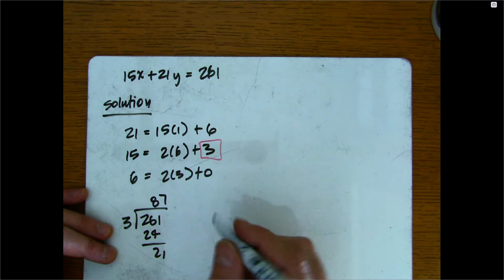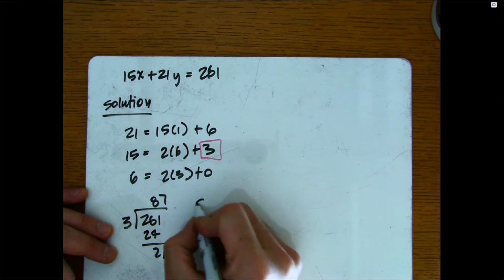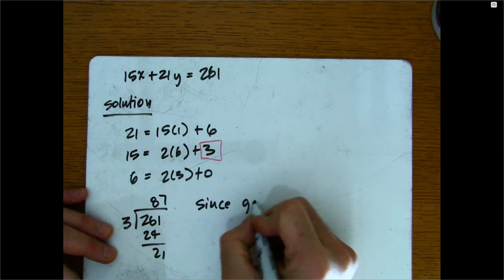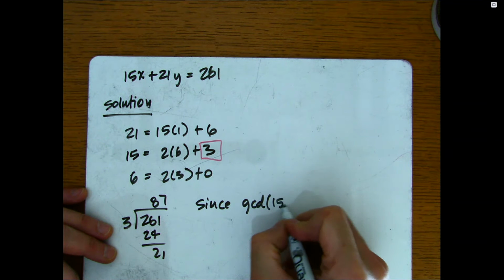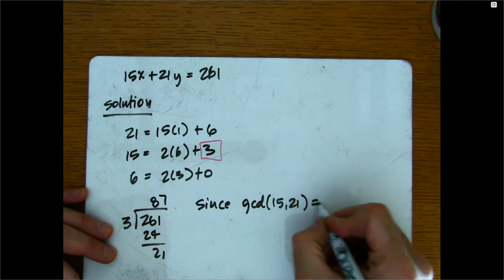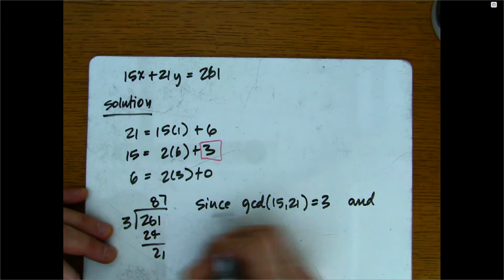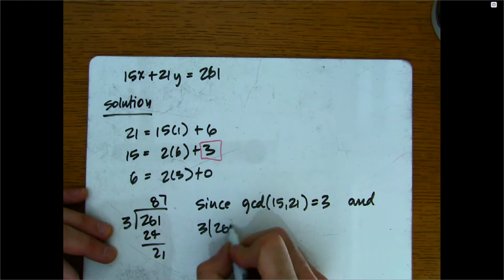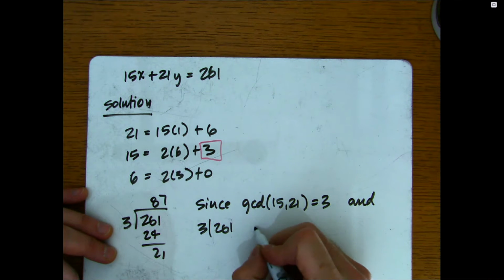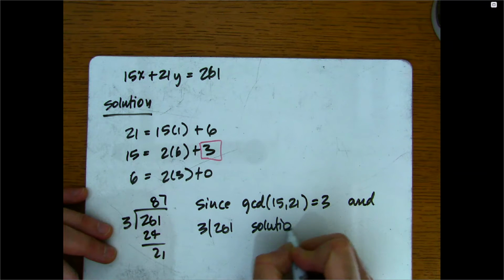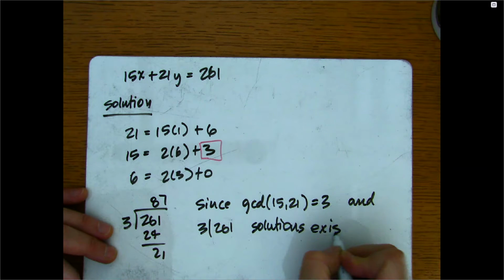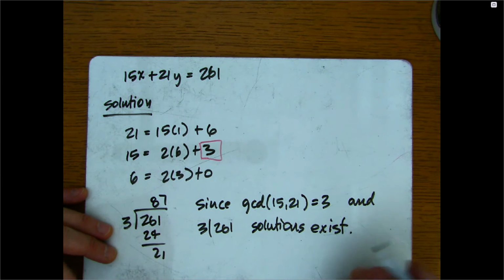So how would I say that? I would say since the GCD of 15 and 21 equals 3, and 3 divides 261, solutions exist.